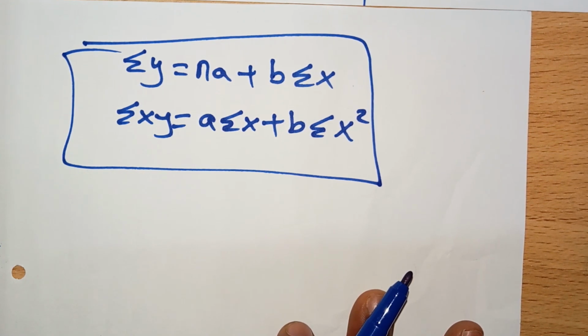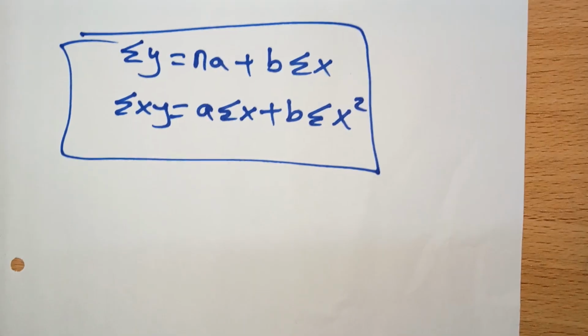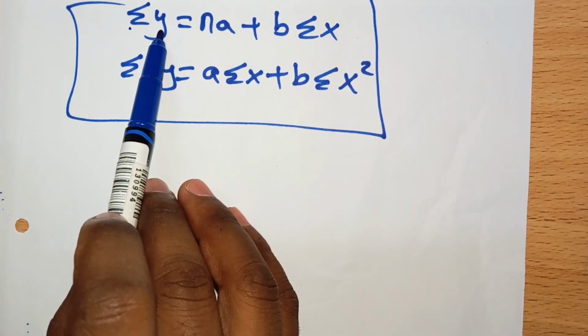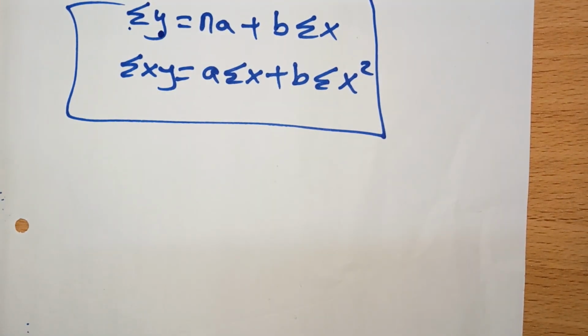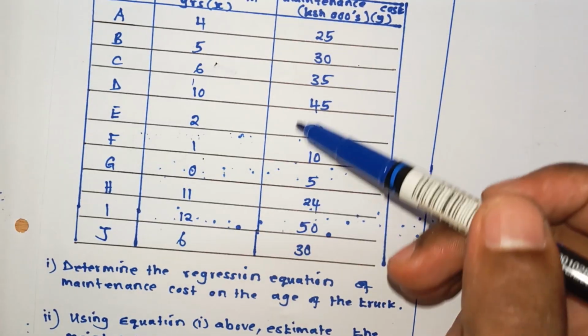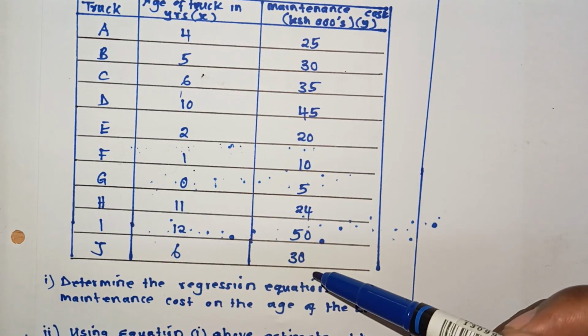Now, for us to know the kind of columns that we need in our table: we have summation of Y, which is obtained by adding all the values on the Y column.